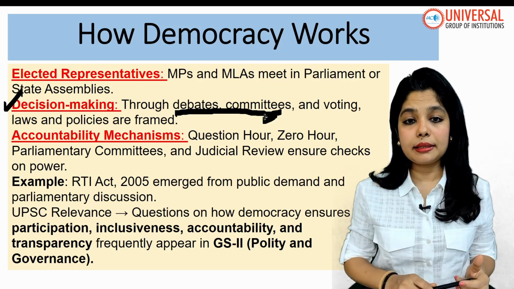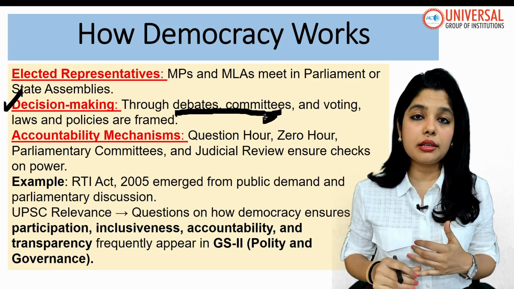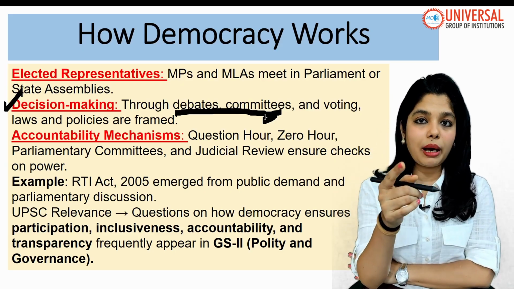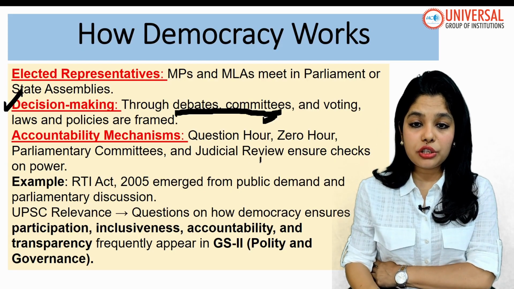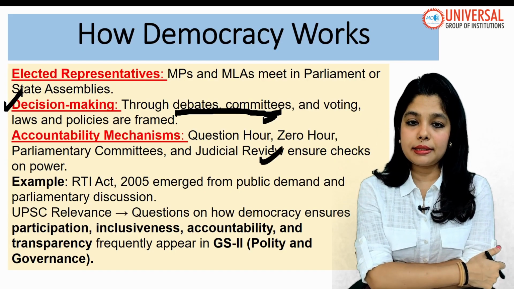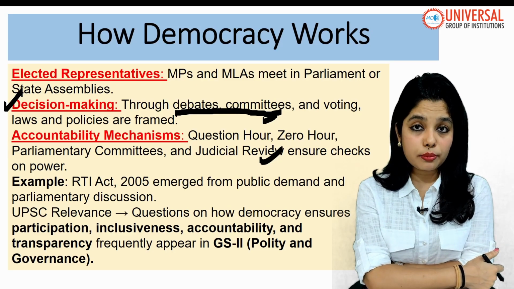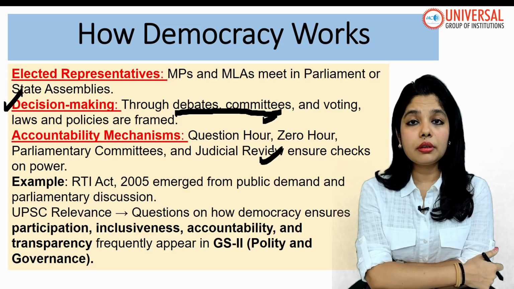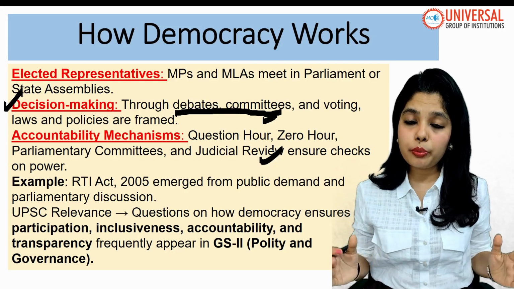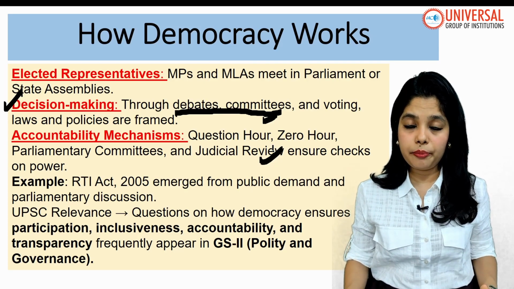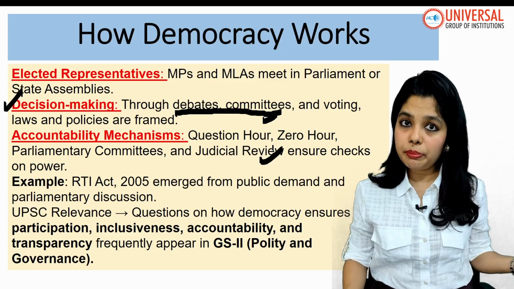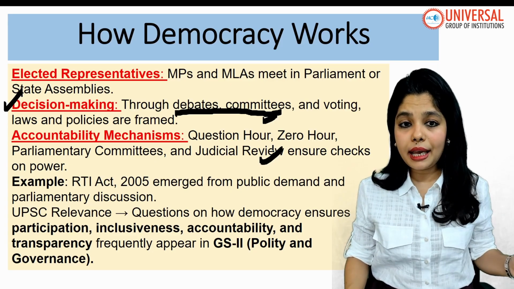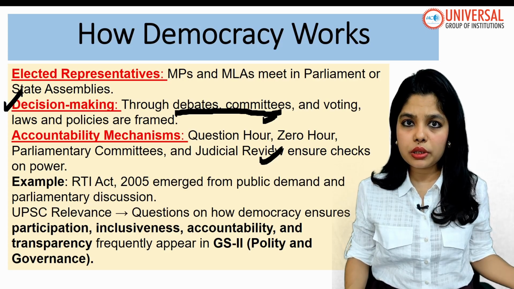Accountability mechanisms: you have your Question Hour, Zero Hour, and parliamentary committees, which we just talked about. Then you have judicial review, to ensure checks and balances. You also have the no confidence motion by the legislature on the executive. The executive has to prove that they are working for the welfare of the people, that they are working according to the Constitution, and not breaching any rules and regulations of the Constitution.